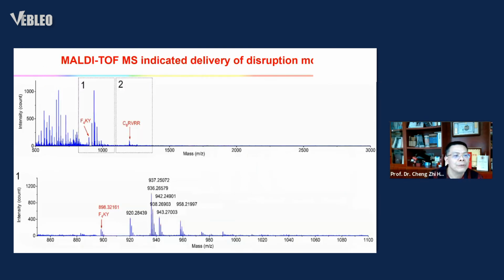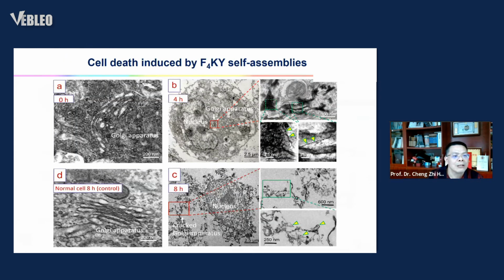The spectral furin cleavage was first identified as a characteristic mass peak. SEM images showed that incubation of the 16 peptide composite with the cancer cells, F4KY, released in the Golgi and assembled into fibers and destroyed the cancer cells with time from 4 hours to 8 hours.